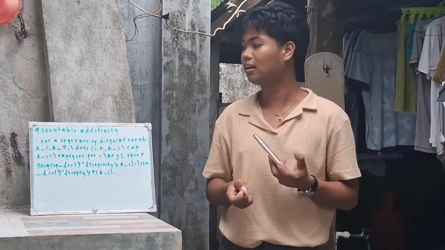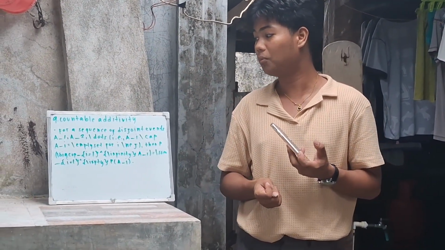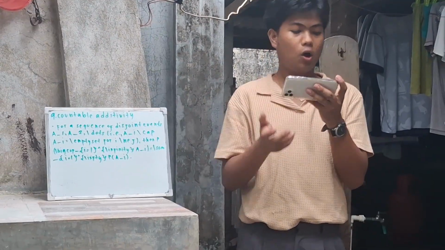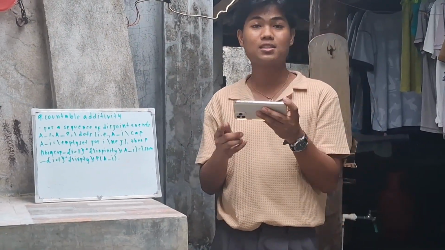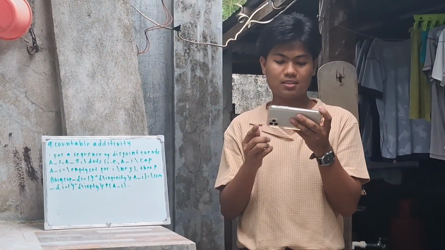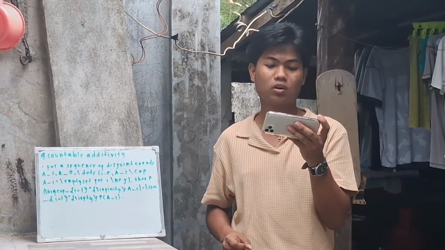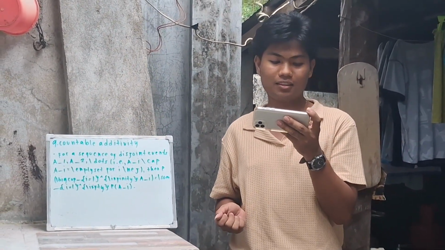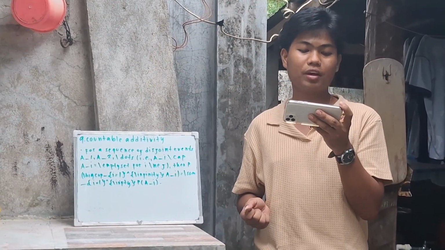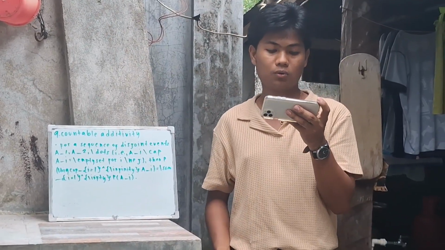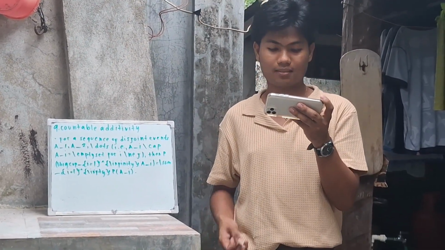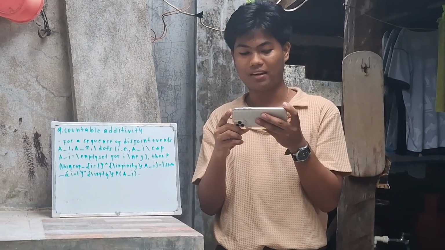For my ninth discussion, countable additivity. When dealing with infinite discrete sample spaces, we need a stronger version of the additivity axiom called countable additivity. This allows us to sum an infinite series of probabilities.